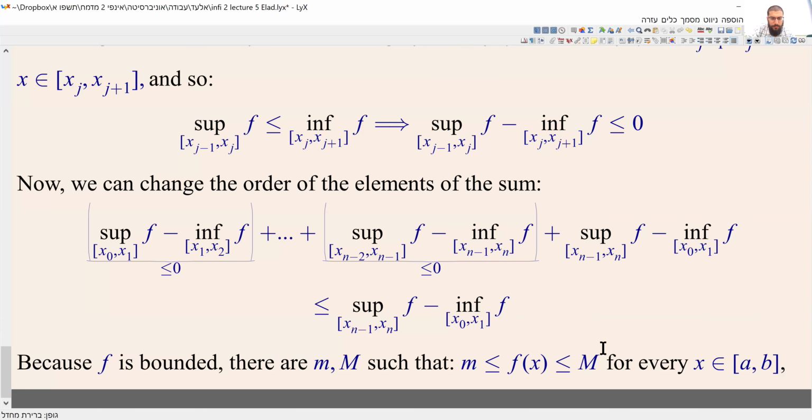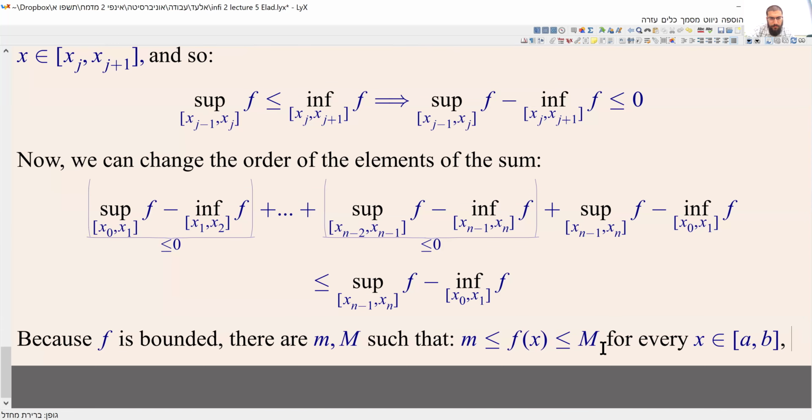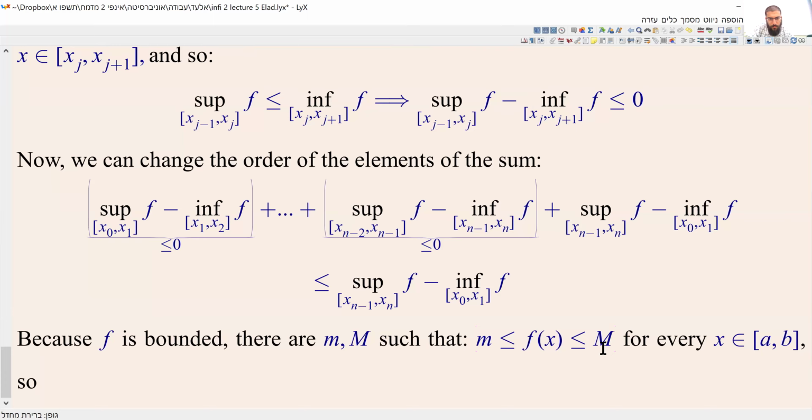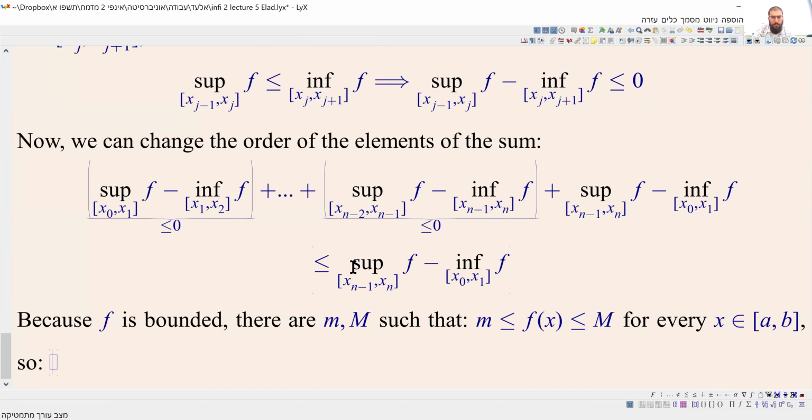And specifically, the sup is smaller than M. The sup is the smallest upper bound. Moreover, it's just the sup of one little segment, not the whole segment itself. So of course it is smaller than the upper bound M.